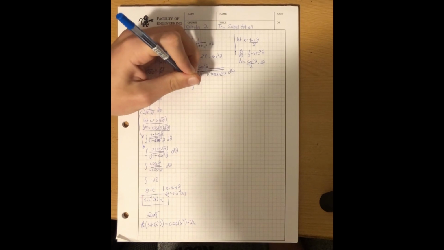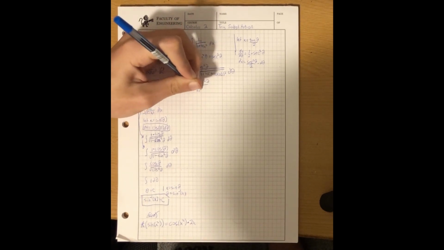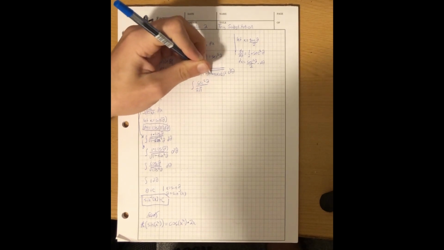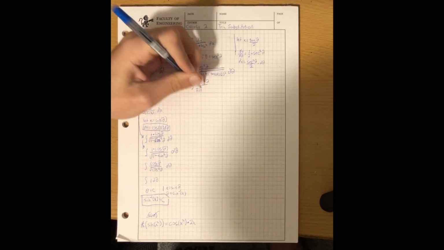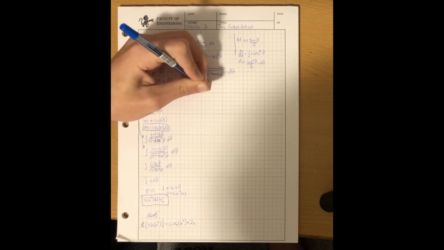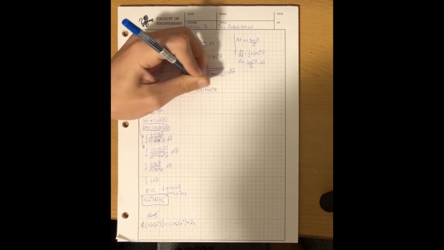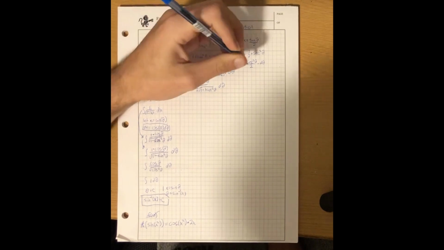to secant squared theta over 2 times 1. And so we're dividing by 2, but we're squaring it. This will just cancel out really nicely, so we'll get 1 plus tan squared theta d theta. I'll quickly show that here.